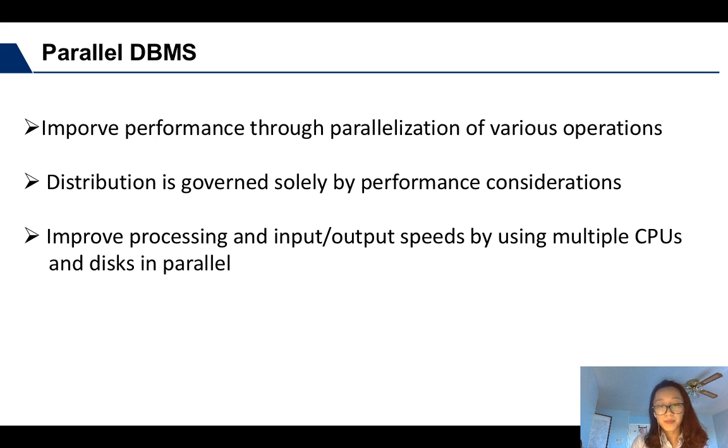Also data may be stored in a distributed fashion. In such a system, the distribution is governed only by performance considerations. The parallel database improves processing and input-output speed by using multiple CPUs and disks in parallel.